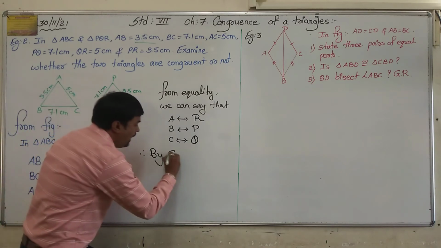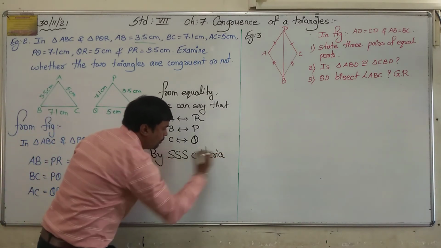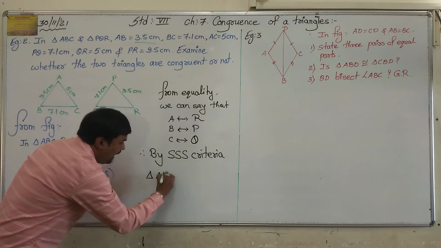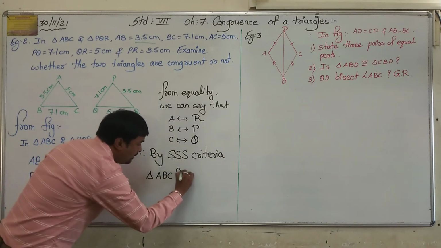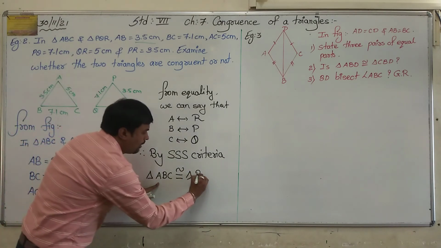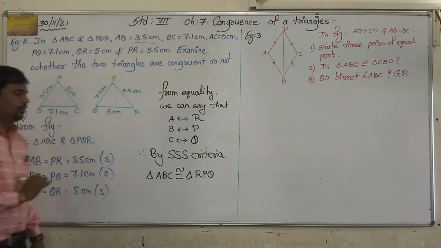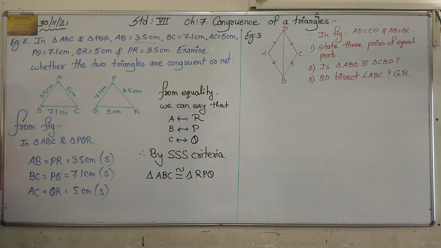So by SSS criteria, we can say that triangle ABC is congruent to triangle RPQ. It's not PQR, even though in the figure it is PQR, it's RPQ.